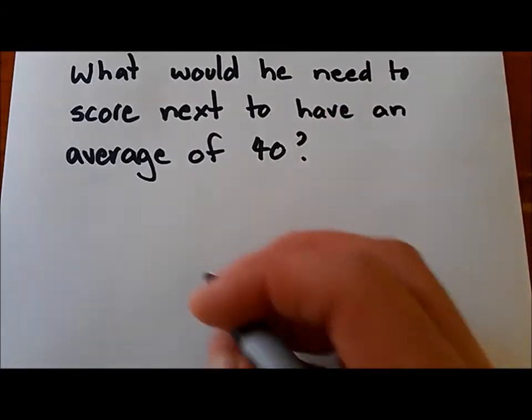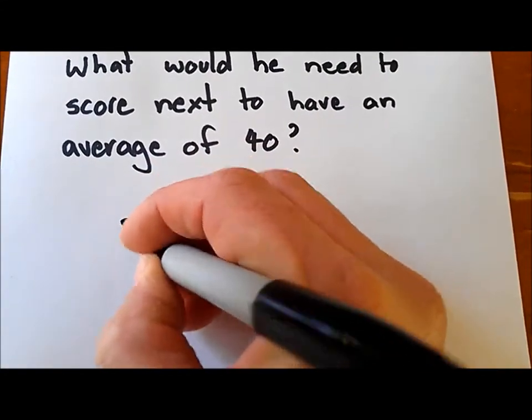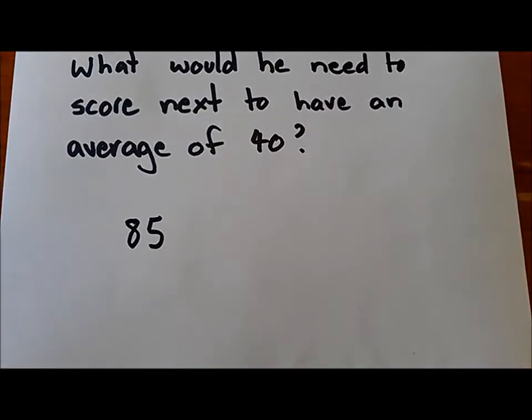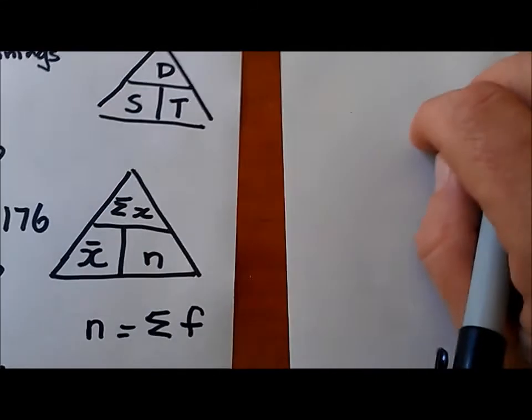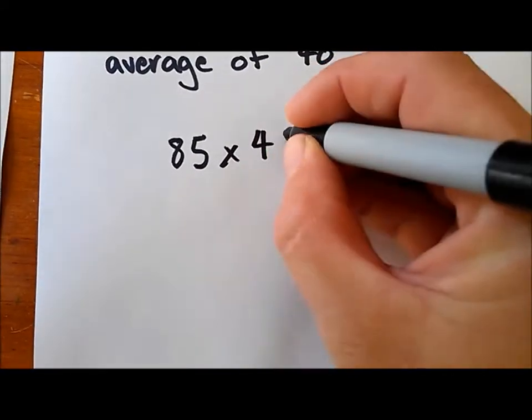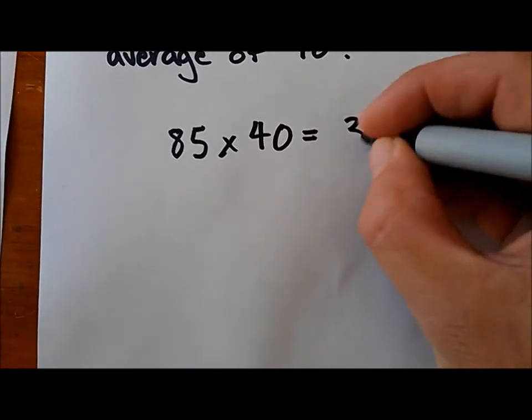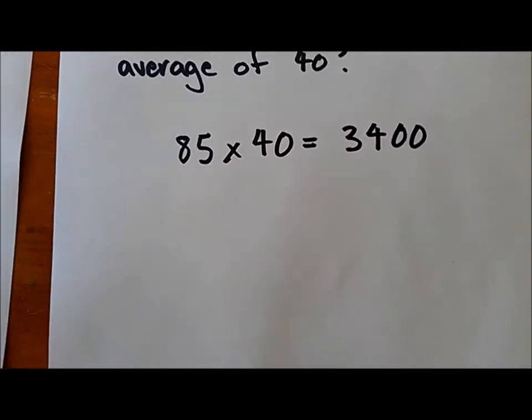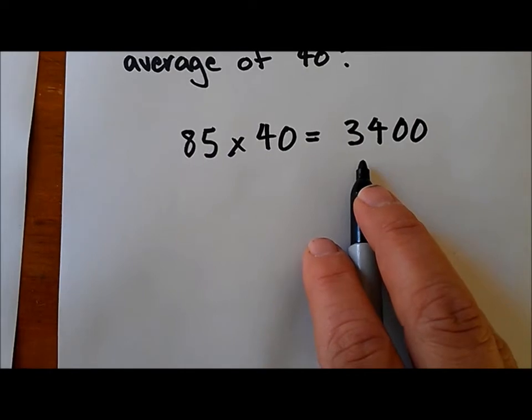So if one more innings would be 85 Test innings, and I want an average of 40, so down here, I take my number and I multiply by my mean. So I go 85 times 40 gives me a total of 3,400. So he's got to get to 3,400.